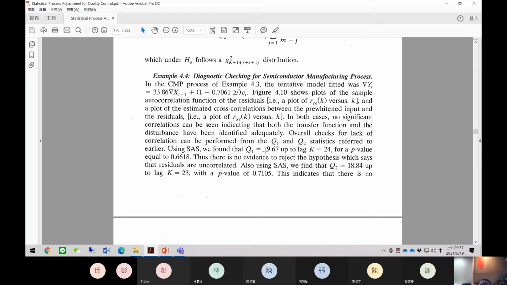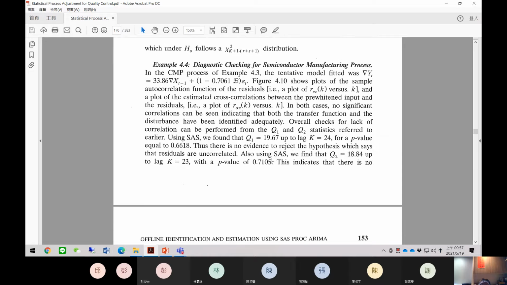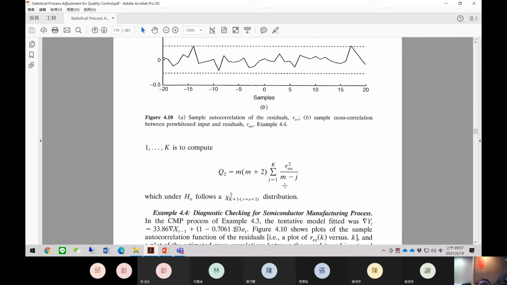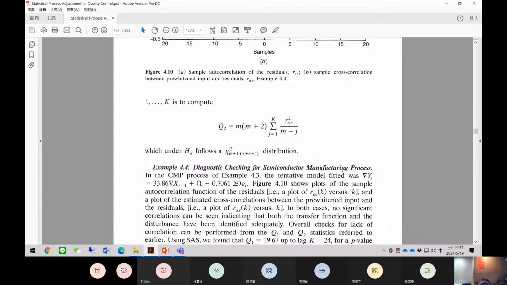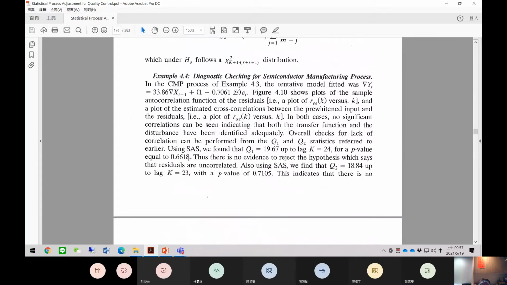We found Q1 equal to 19.67 up to K equal to 24. The p-value is quite large, so we do not reject the null hypothesis. There's no evidence to reject the null hypothesis that the residuals are uncorrelated. Q2 is 18.84 up to 23.